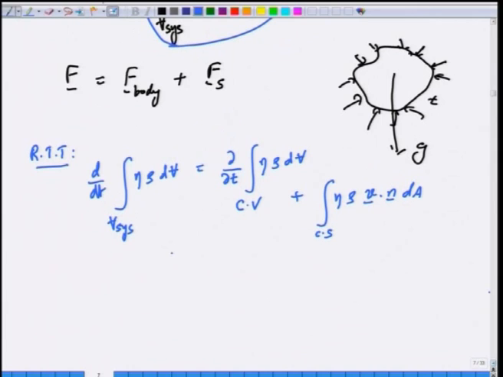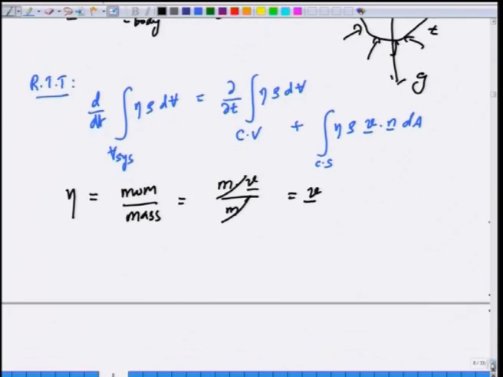Okay. Now, we want conservation of momentum. So, eta is momentum per unit mass. Eta will be mass times velocity divided by mass, so mass cancels, and eta will be simply the velocity vector itself.